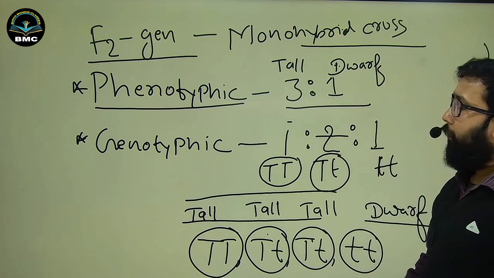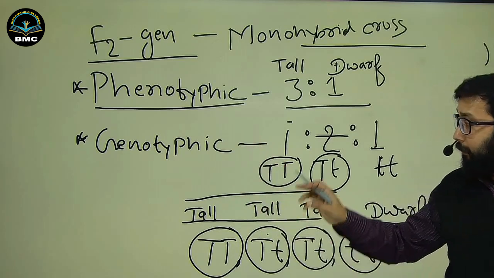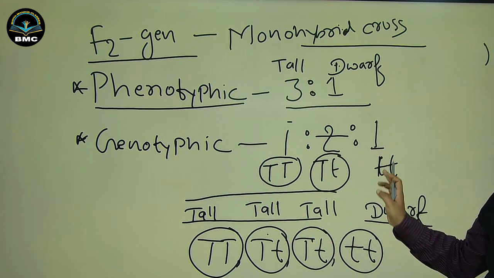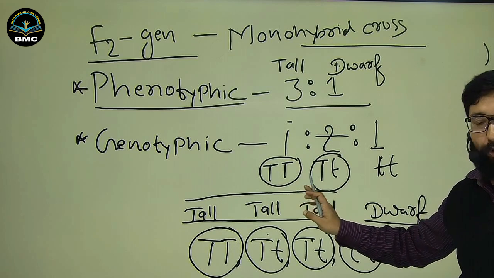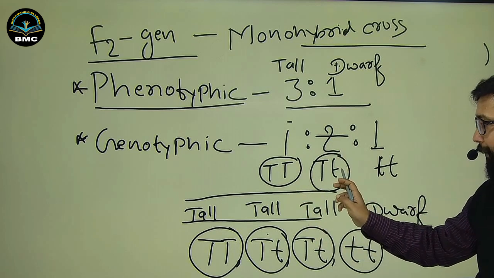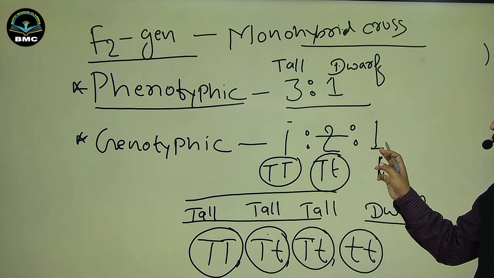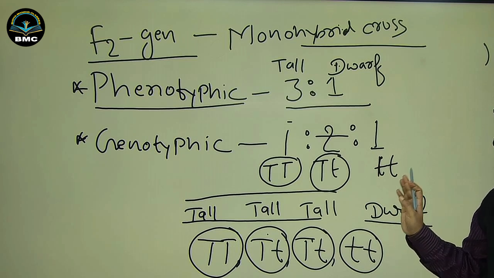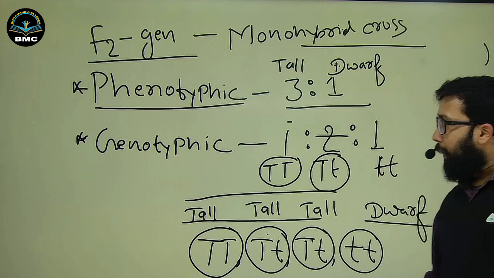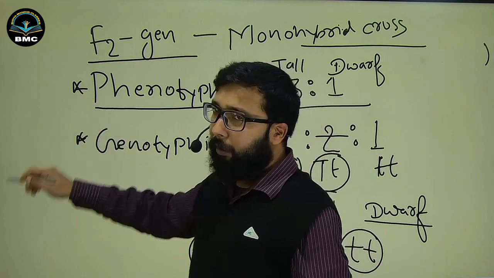Okay. Now, when we talk about the genotypic character, there is a 1:2:1. One is the pure tall, 2 offspring are heterozygous tall, and the 1 offspring is homozygous dwarf. Understand?